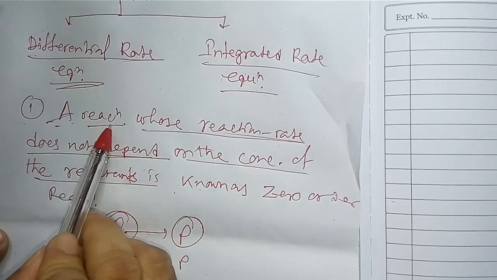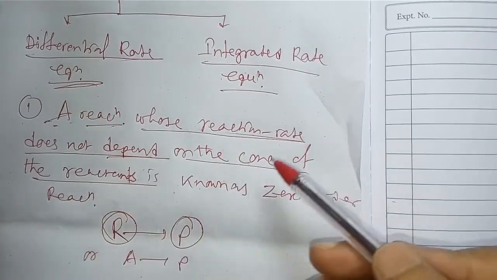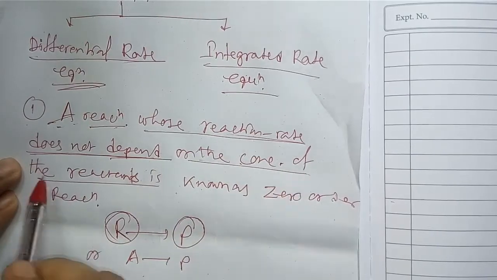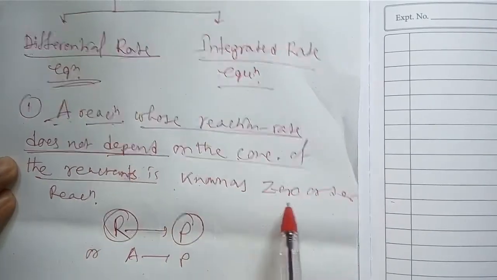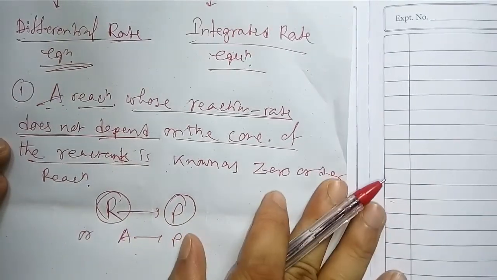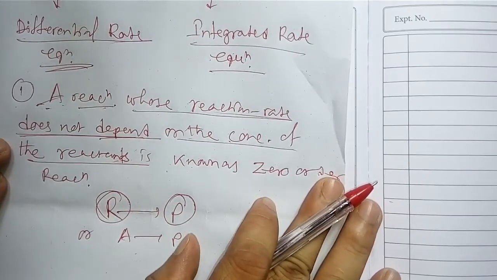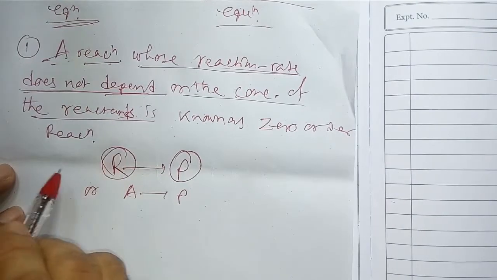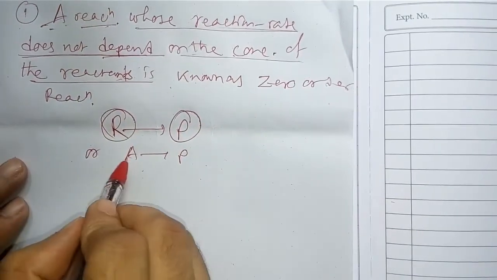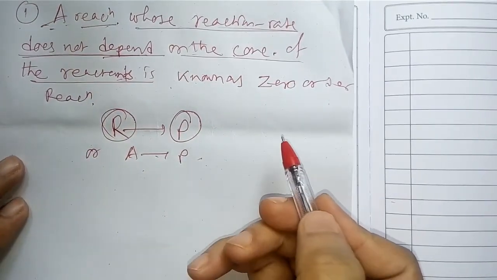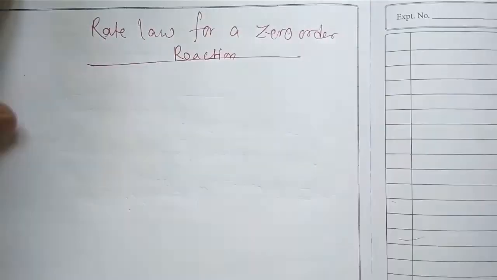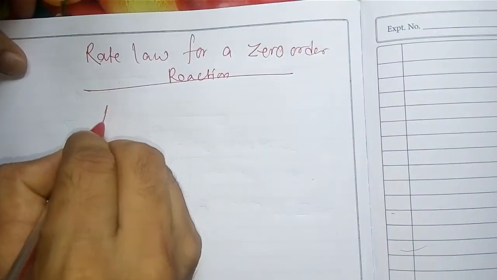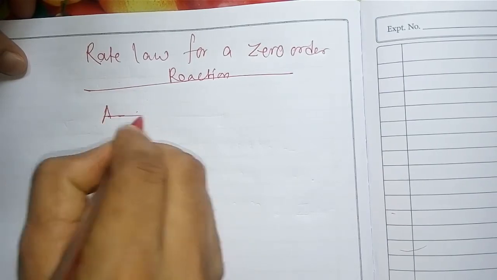So a reaction whose reaction rate does not depend on the concentration of the reactants is known as a zero order reaction. Now consider a zero order reaction A to P.